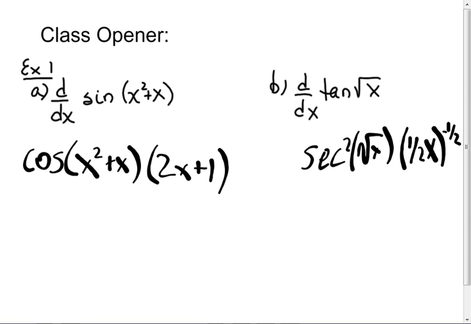Okay, here's what we have going on this week. This is day 2 on the chain rule. It's day 2 on your assignment sheet, but you probably didn't do your math last night. But you have time in class to work. And then tomorrow, you'll have time in class to ask me questions. But if you don't try it, you won't be able to ask me questions. Then Friday, you have a quiz on this.